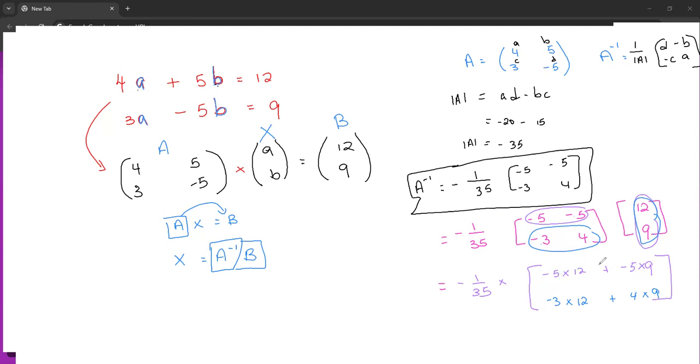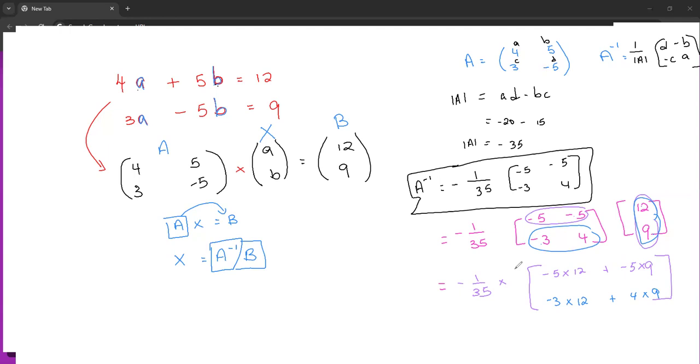So I'm going to work out. Remember, these I'm working out, and these I'm working out independently. But math tells us multiply before we add or subtract. So this one will be -5 times 12, right?